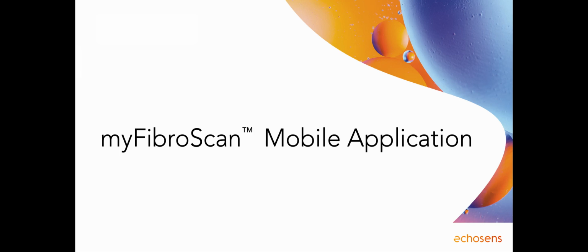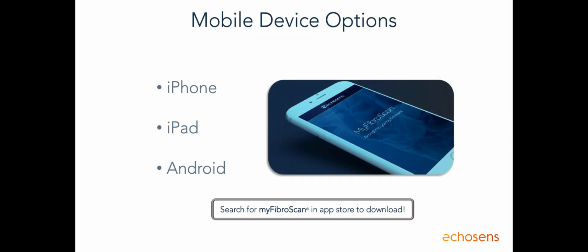In this presentation, I'm going to review the myFibroScan mobile application. Before we get started, it would be best if you would download the app to your own mobile device. To do this, go to either the Android App Store or the Apple App Store, search on the term myFibroScan, and download the app.